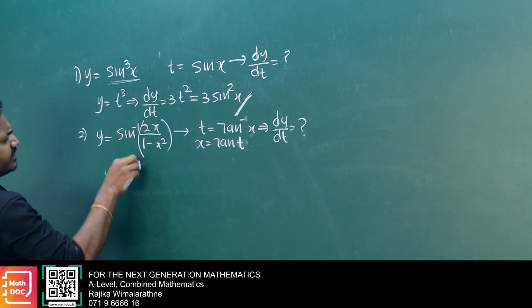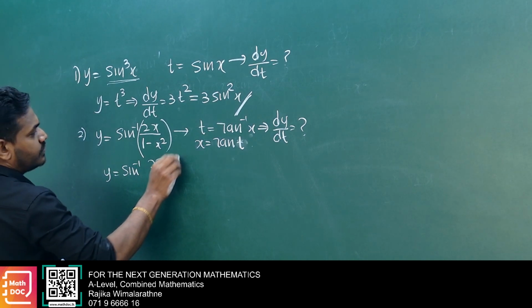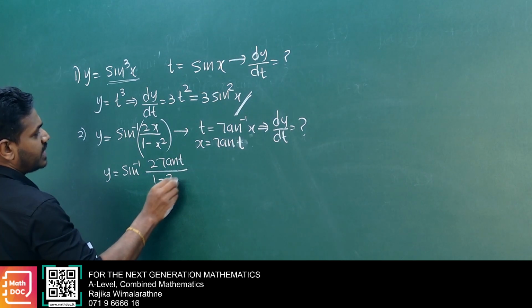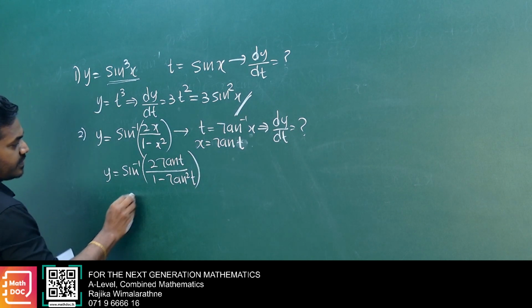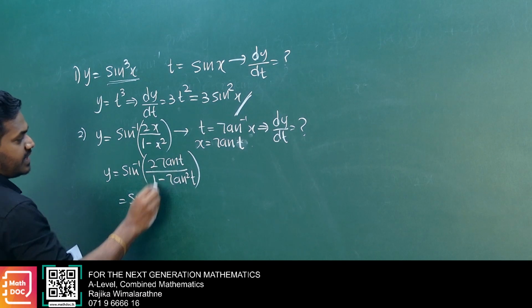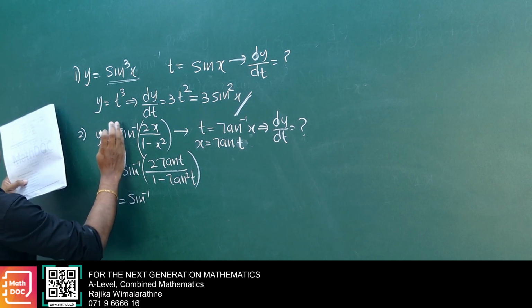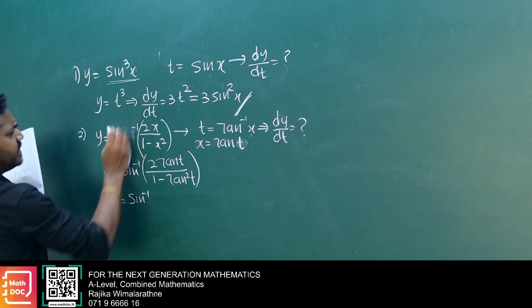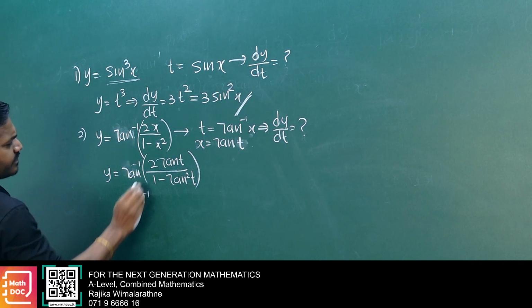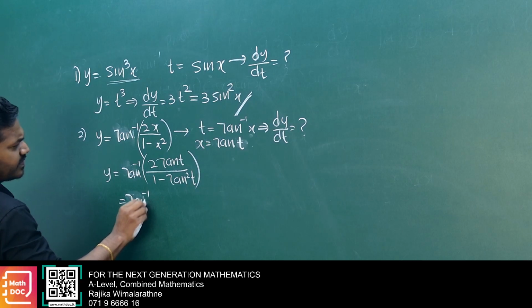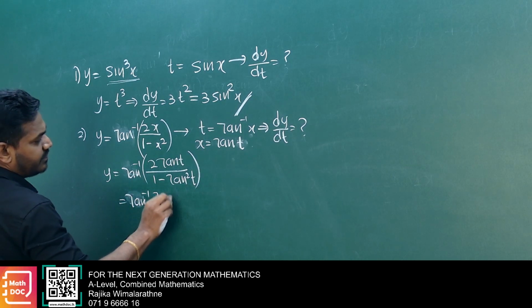Y equals sin inverse of 2 tan t over 1 minus tan squared t. Then it is not sin inverse, it is tan inverse here: tan 2t.